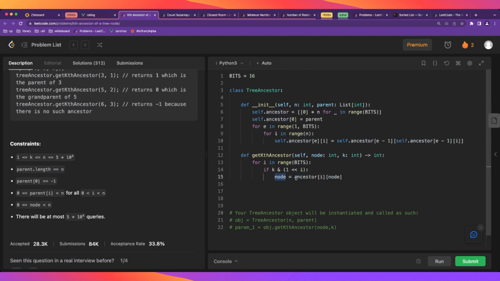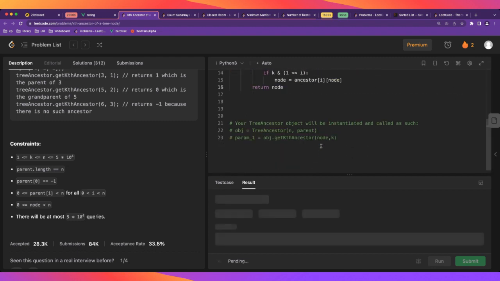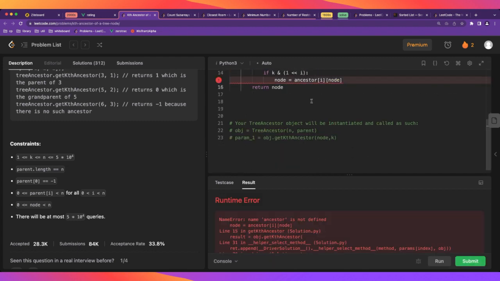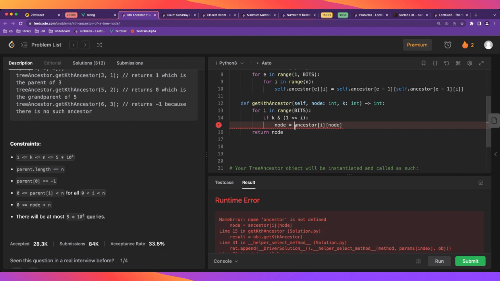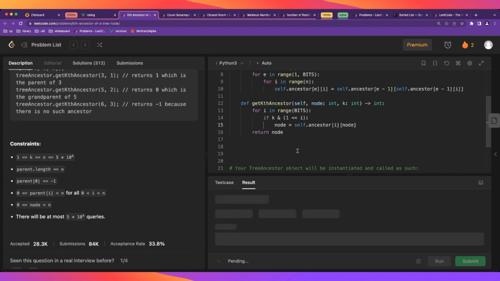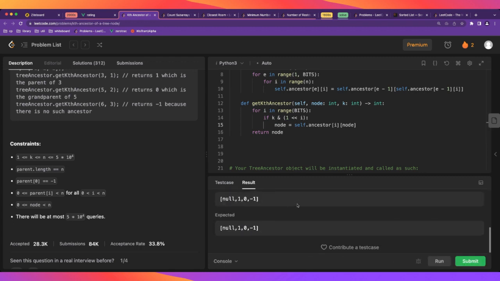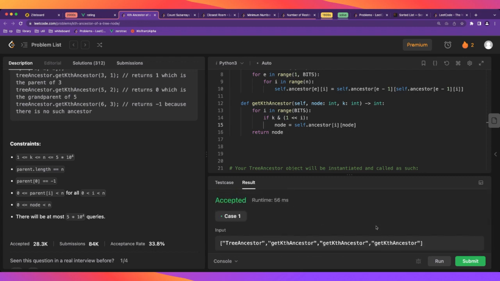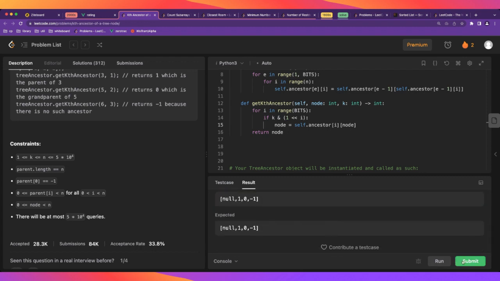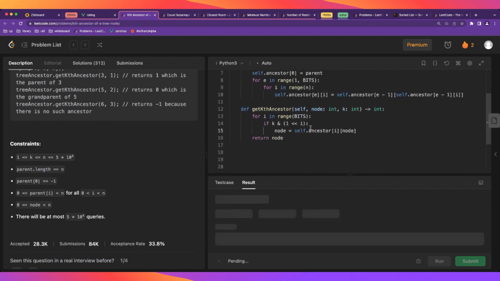So we make a jump and now we have our new node. And finally, we return the node. Let's see if I coded correctly. Okay, I forgot to use this. And it passes the example. Let's see if it works.